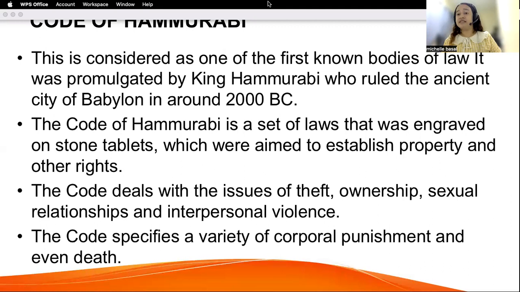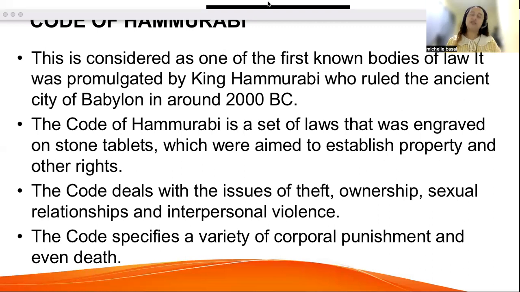Even justices of the Court of Appeals and the Supreme Court cannot impose it, no matter how heinous the crime is or how evil the person who committed it.